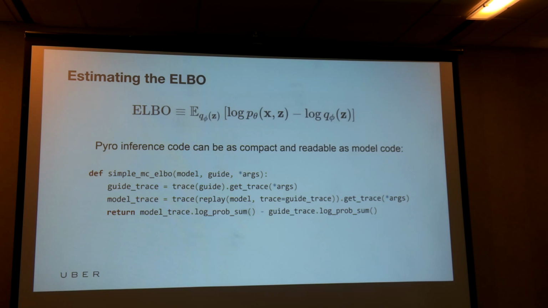And you can see all it's doing is it takes the guide. So let's look at the definition of the ELBO. It asks us to take this expectation: draw a sample from the guide Q, compute the probability of that sample from the guide, along with the data, for those latent variables under the model, and the probability of those samples under the guide.